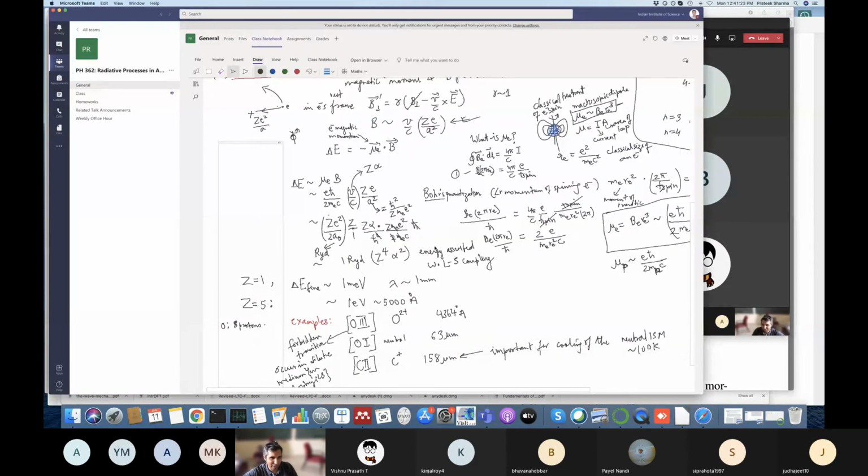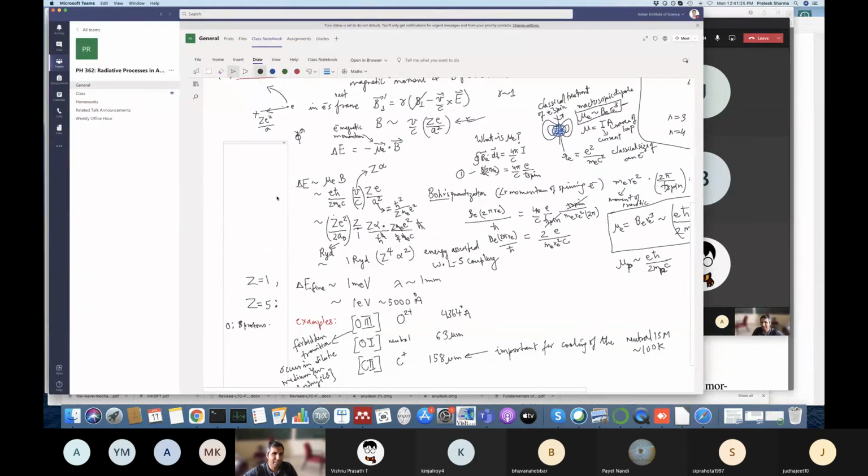What's most important is this scaling, alpha squared, Z to the 4. It sets the energy scale of these fine structure splittings.